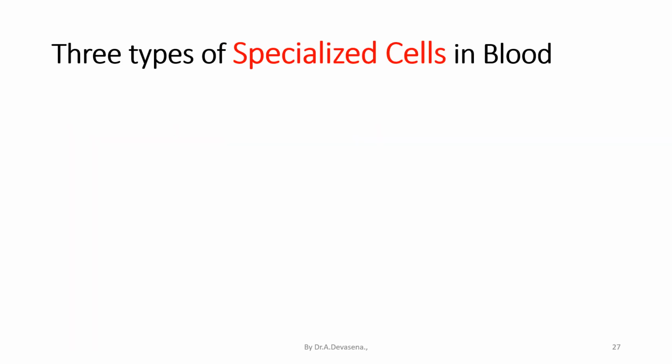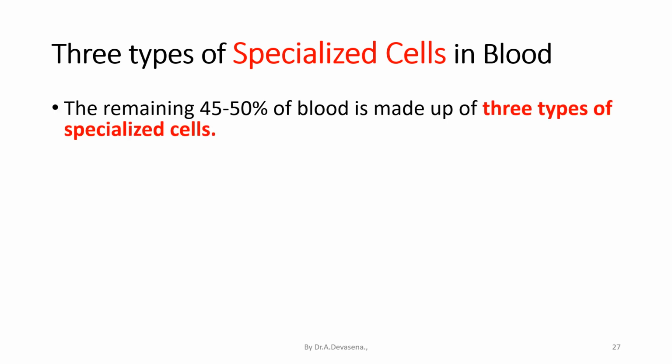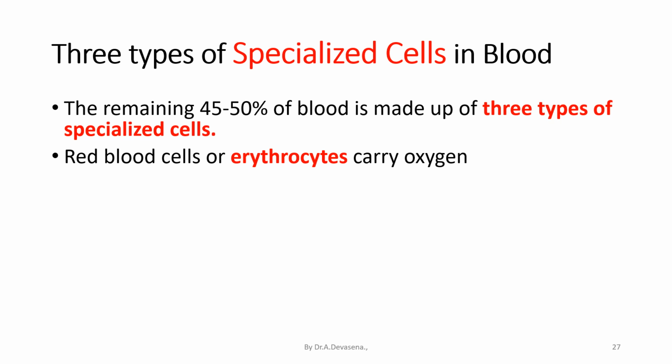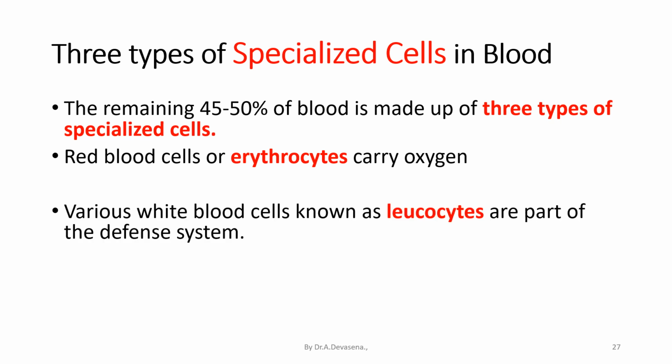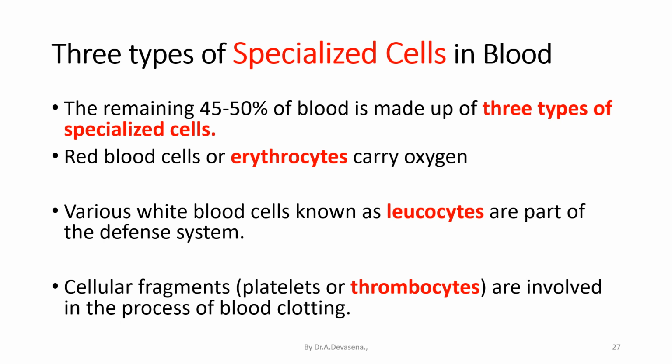Let us now discuss the specialized cells in blood. The remaining 45 to 50% of the blood is made up of three types of specialized cells. They are red blood cells or erythrocytes, which carry oxygen; various white blood cells known as leukocytes, which are part of the defense system; and the cellular fragments, also called platelets or thrombocytes, which are involved in the process of blood clotting.